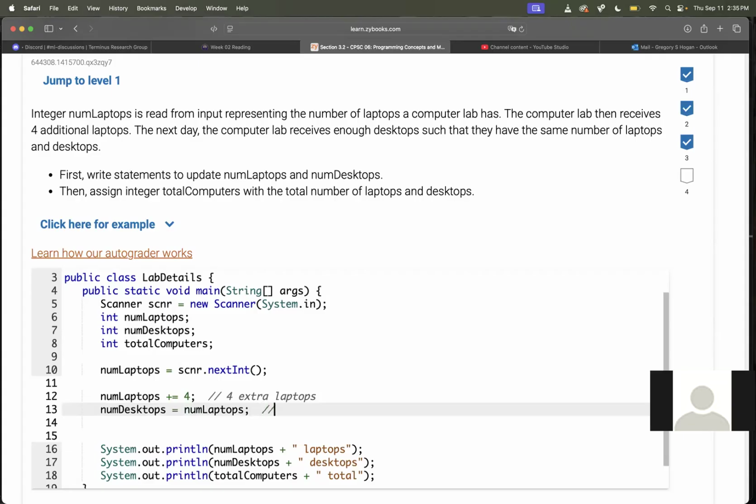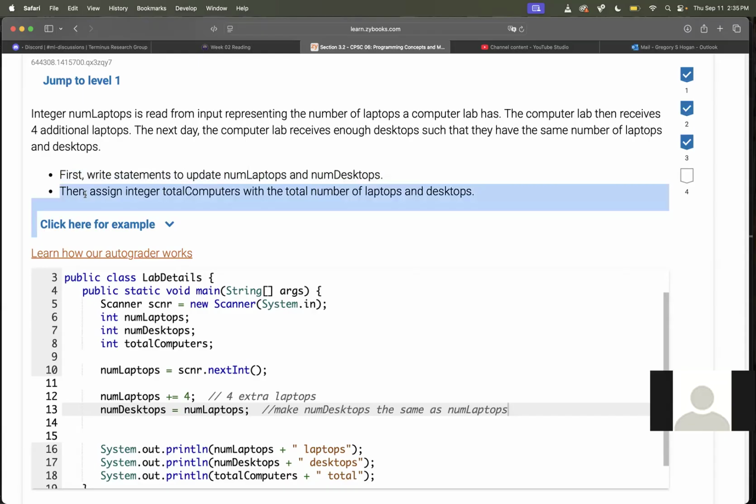That makes num desktops the same as num laptops. Sounds like what they mean when they say same number of laptops and desktops. So we did these two things: write statements to update num laptops and num desktops. That's what I just did.